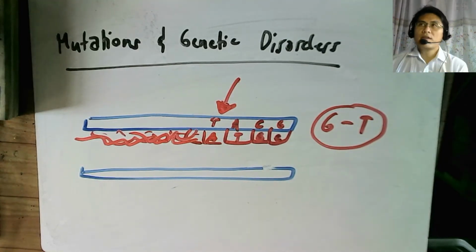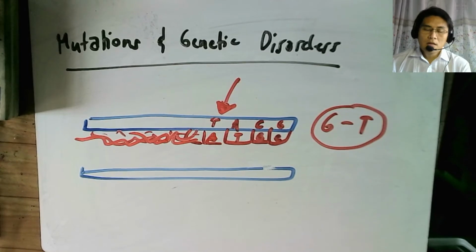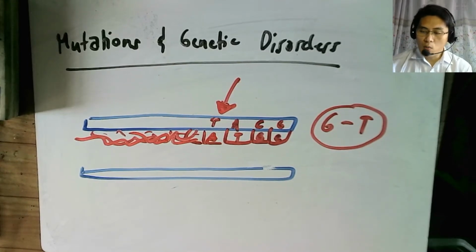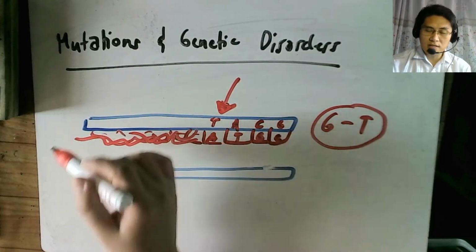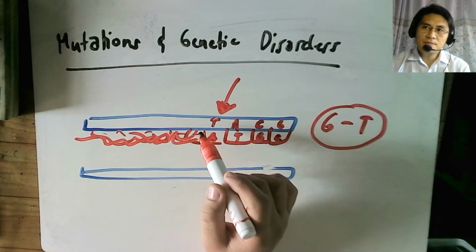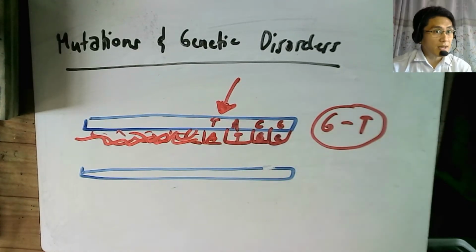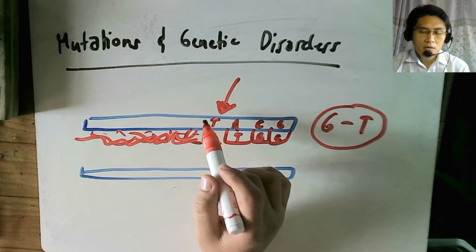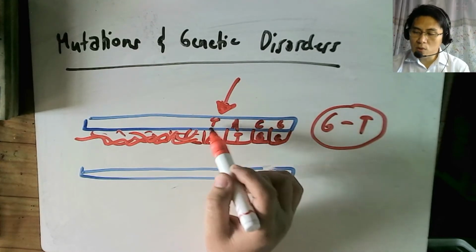But the thing here is the DNA actually doesn't know. Once the two strands are created, the DNA, or at least its mechanism, is not aware of which one of them is a mistake.